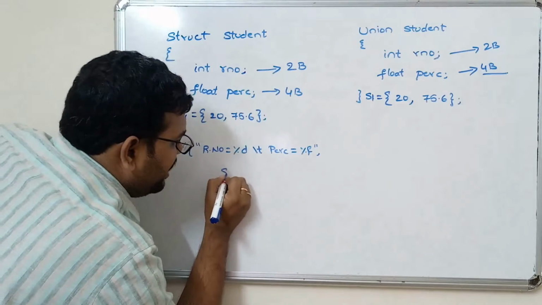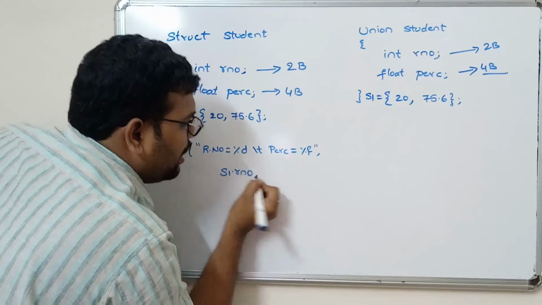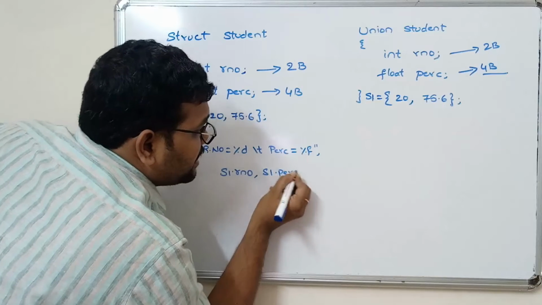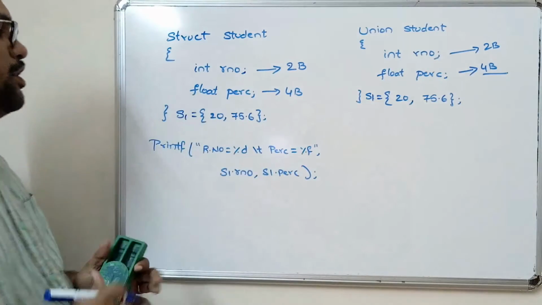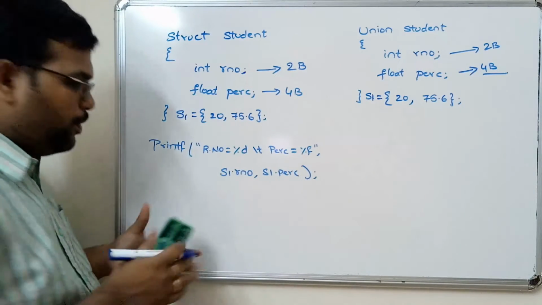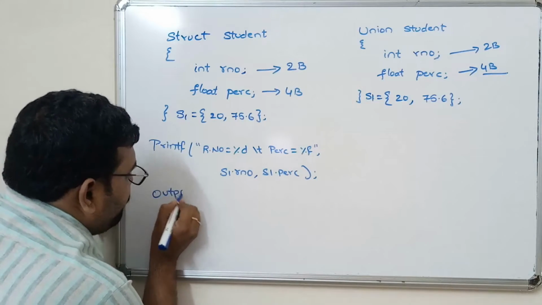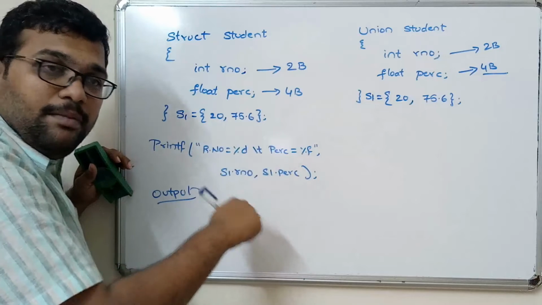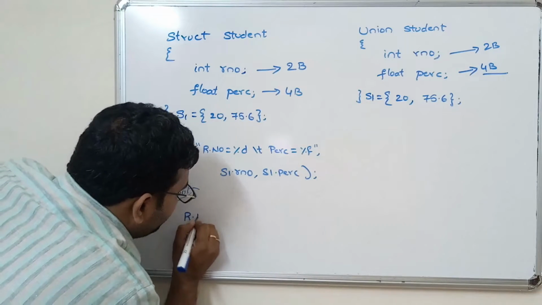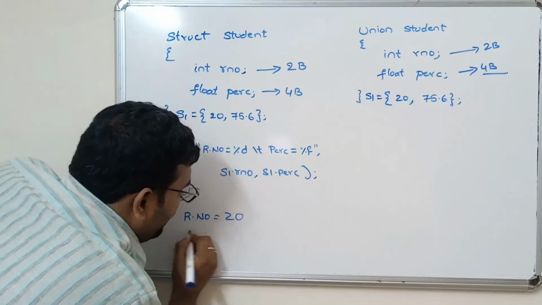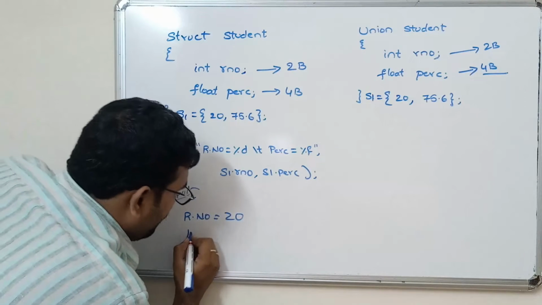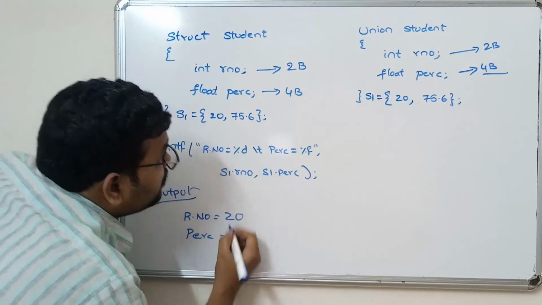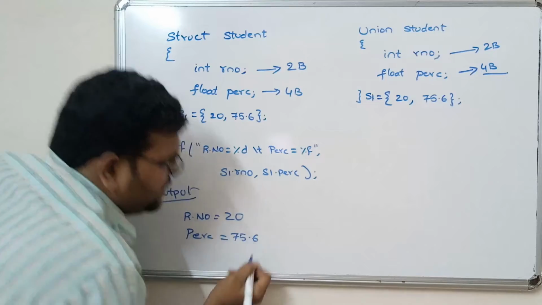So for this %d, S1 dot roll number, comma, S1 dot percentage. For this printf, the output will be, so at a time we can read the two values and at a time we can print the value. So roll number is equal to 20 and percentage is equal to 75.6.